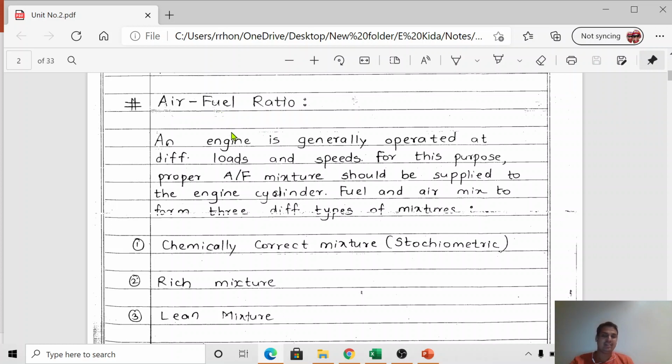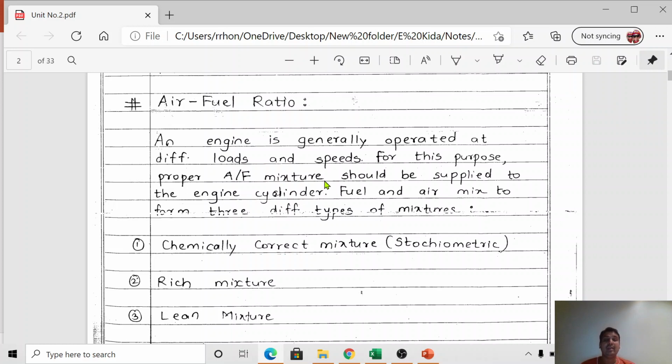Just simple. An engine generally operates at different loads and speeds. For this purpose, the proper air fuel mixture should be supplied to the engine cylinder. If you take the example of a two-wheeler, sometimes we sit alone, sometimes there will be two persons, sometimes three persons who will sit on that single bike.